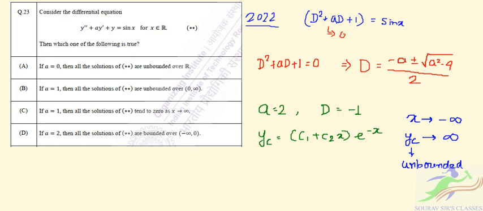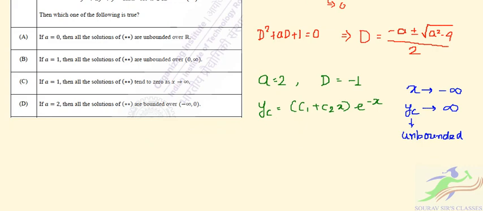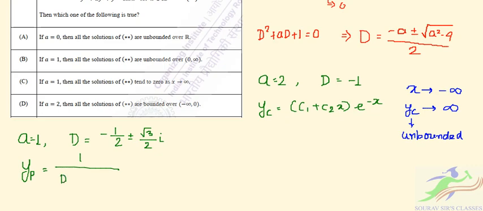Let us check with a equal to 1. What will be the value of D? D will be minus half plus or minus root 3 by 2 i. You can write the particular integral yp as 1 by D squared plus D plus 1 of sin x.